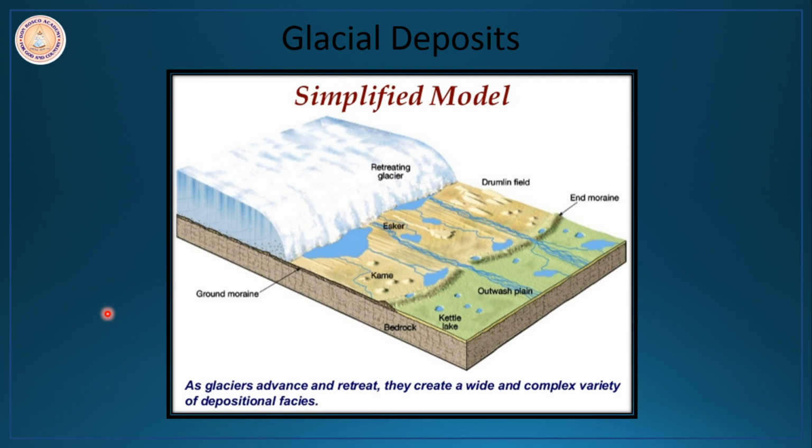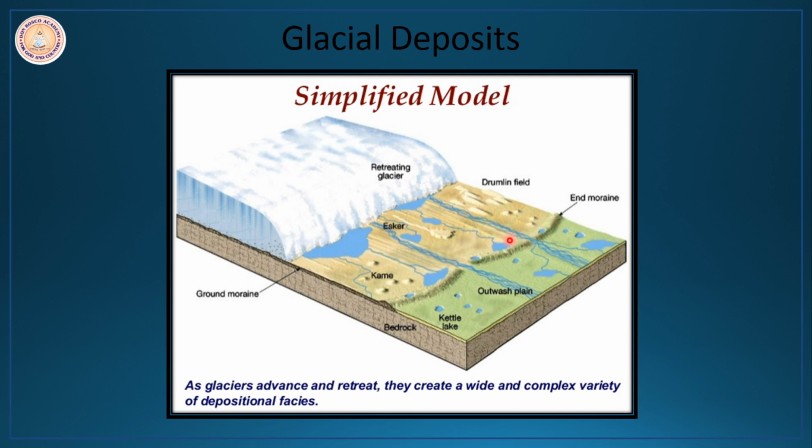Now let us learn about glacial deposits. Now these plains have been formed by the receding of the glacier. So when very cold situation prevailed, that is the ice age, large areas of the earth were filled with continental glaciers.